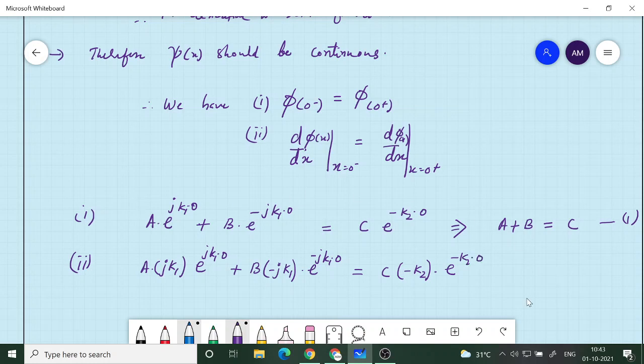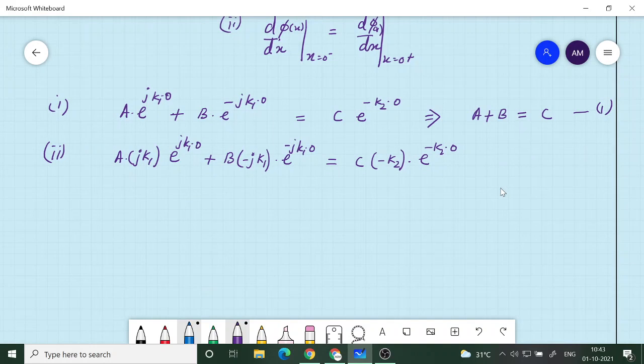So equation 2 is a j k1 plus b minus j k1 is equal to c minus k2.